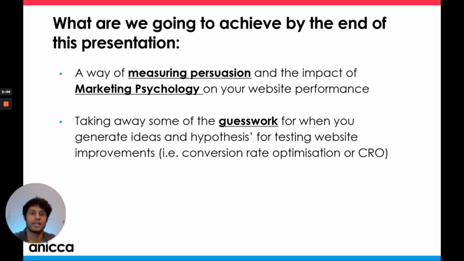So what are we going to achieve at the end of this presentation? Well, we're going to achieve a way of measuring persuasion and the impact of marketing psychology on your website performance. And also, we're going to be taking away some of that guesswork for when you generate ideas and hypotheses for testing website improvements, i.e.